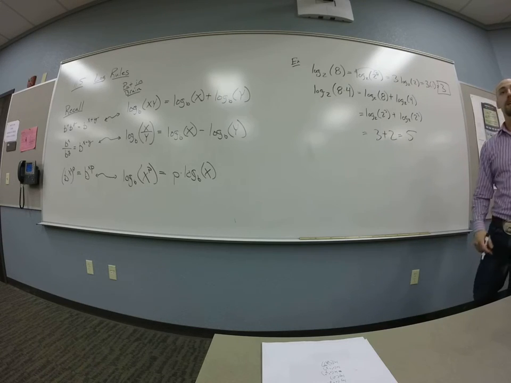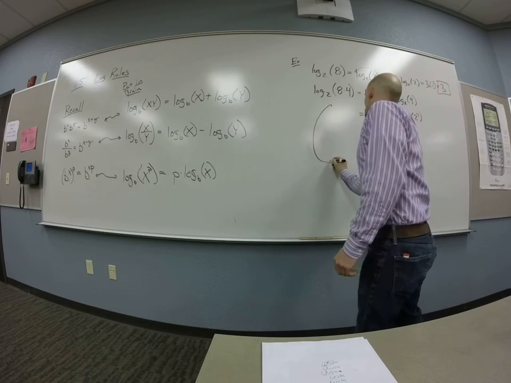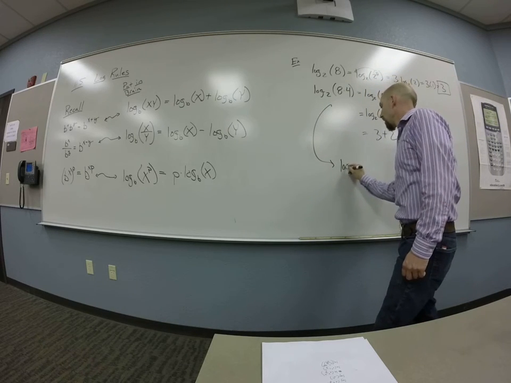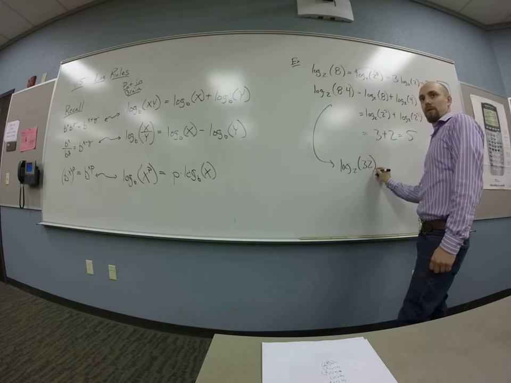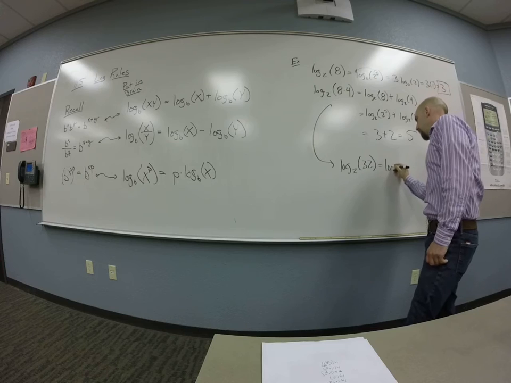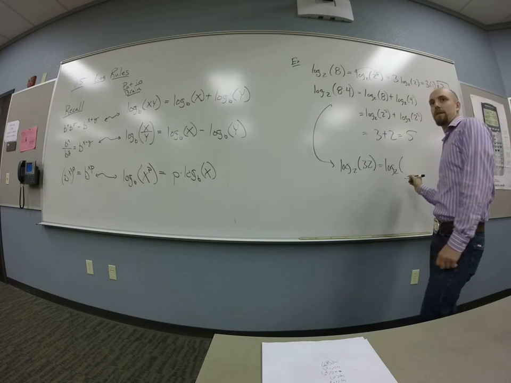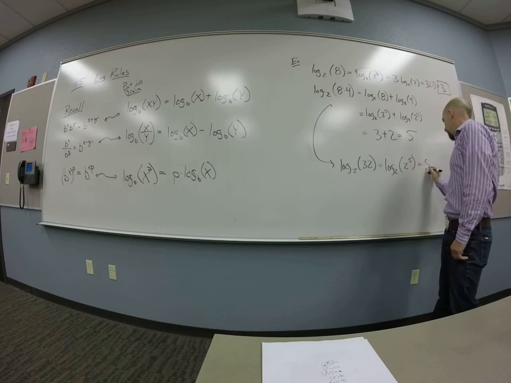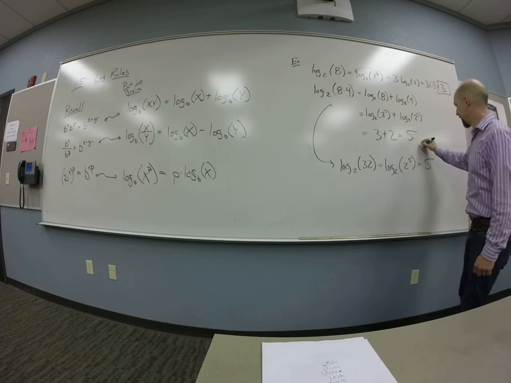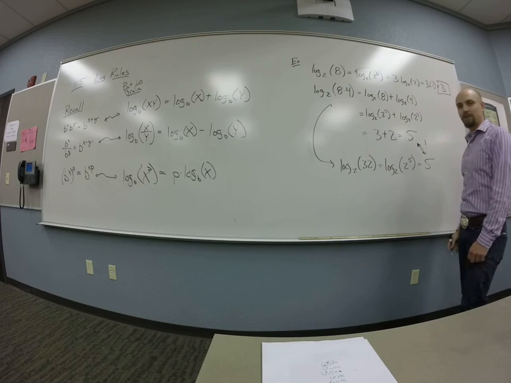Okay. If I did it the other way, I could say this is log base 2 of 32, right? Which is log base 2 of 2 to the 5th. So I get 5. Cool.